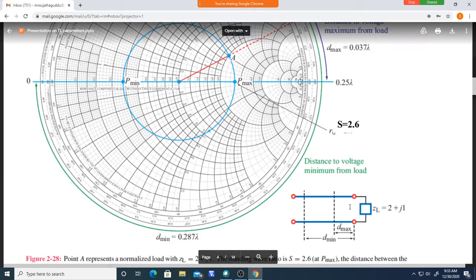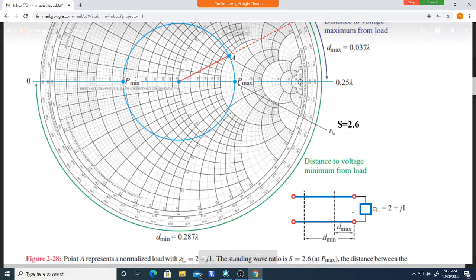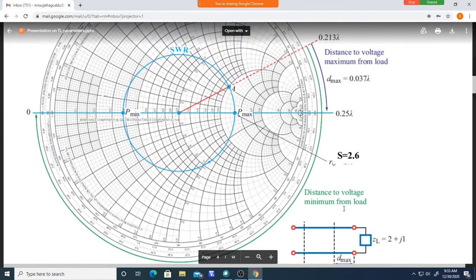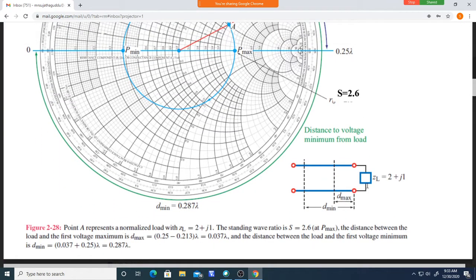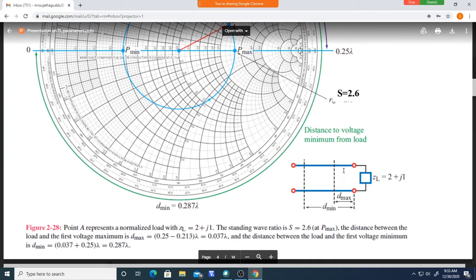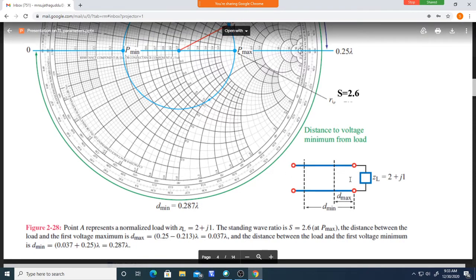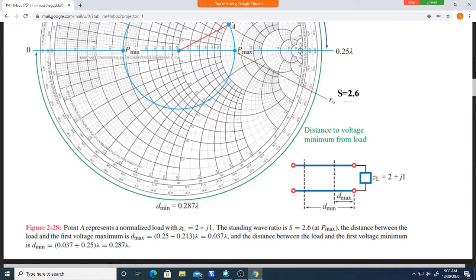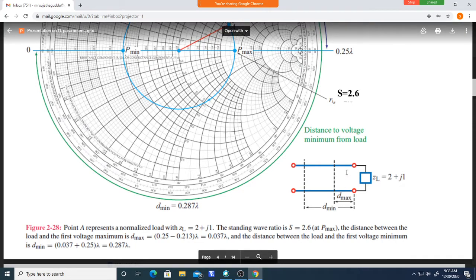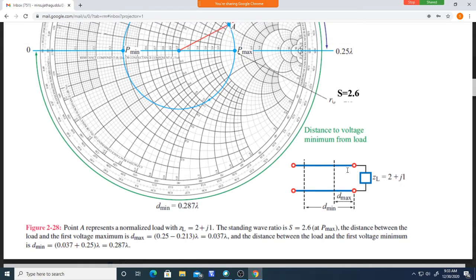As we saw, as we move away from the load, impedance varies, as I said. It becomes minimum at some point and becomes maximum at some point. All those things will happen. So how to find it theoretically? If you go for theoretical calculation, there is an equation you have to use.